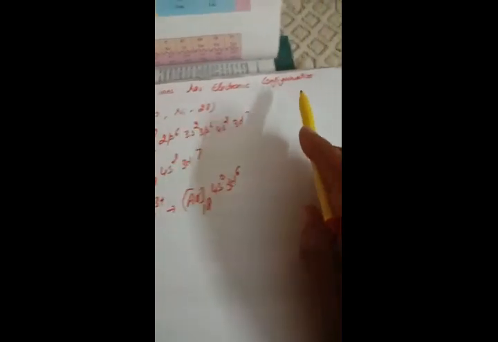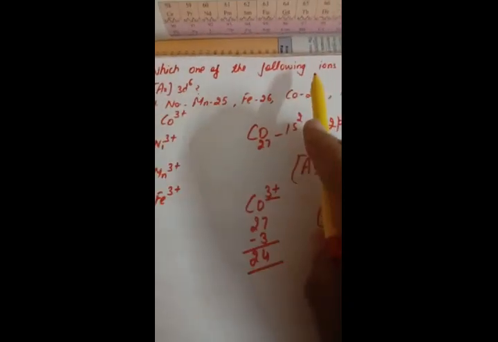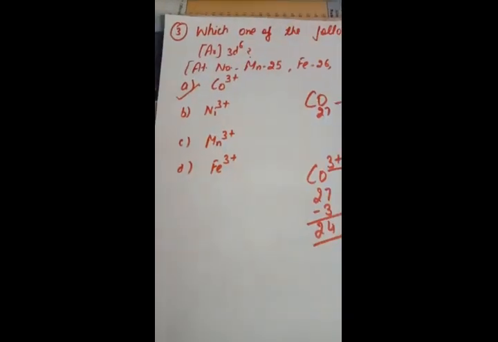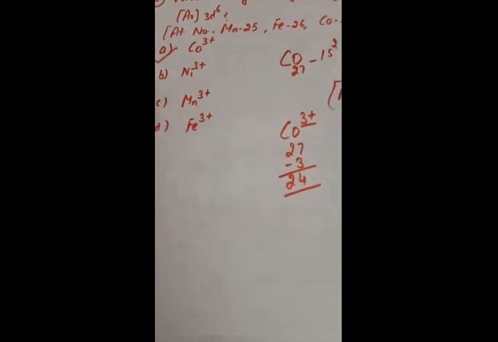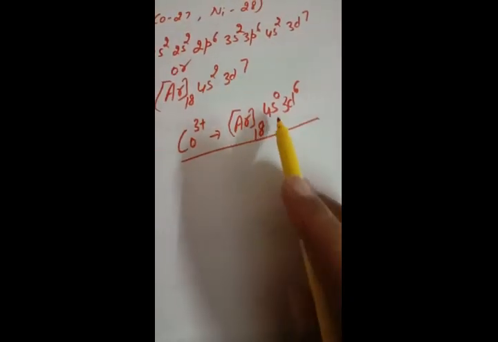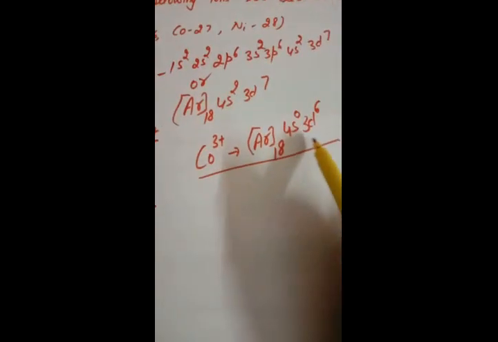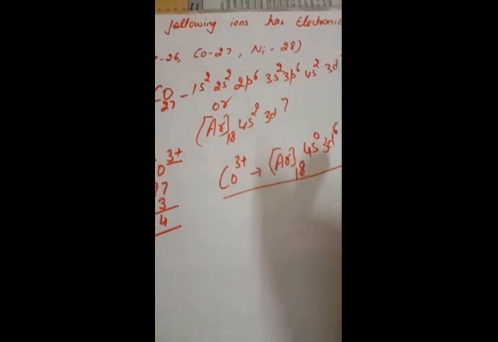That is what they have asked: which one of the following ions has electronic configuration argon 3d6. So we come to know that it is the first one, that is A, Co3 positive, cobalt tri positive, whose configuration is argon 18 3d6. In the same way you can try for the others also. You cannot get 3d6. Thank you.